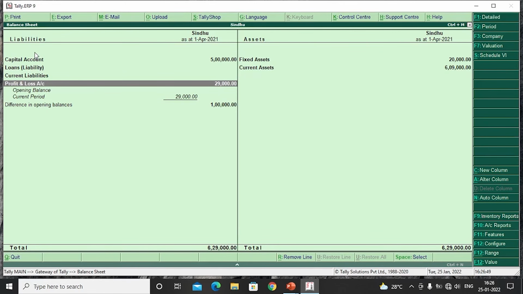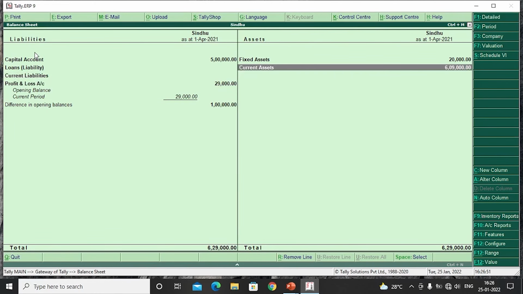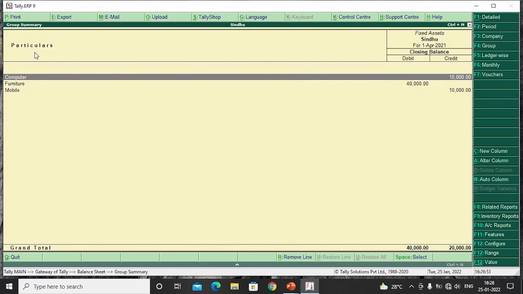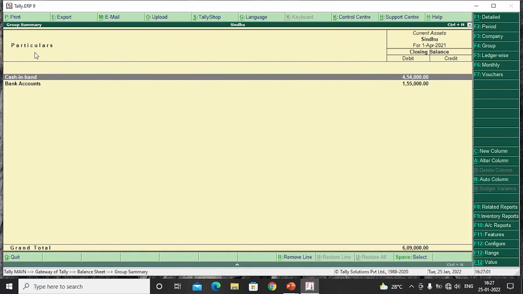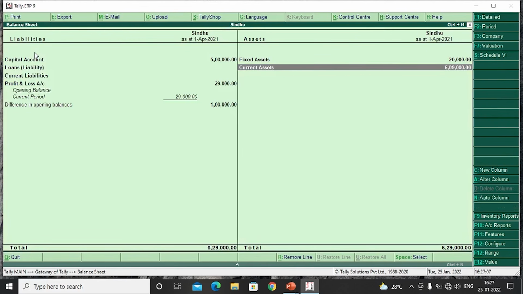Next, in fixed assets, computer 10,000, furniture 40,000 and mobile 10,000. Current assets, cash in hand 4,54,000 and bank account 1,55,000. If the profit is shown on the liability side, then we can say that the company is in a state of profit. So that's all about cash and bank transaction, guys.